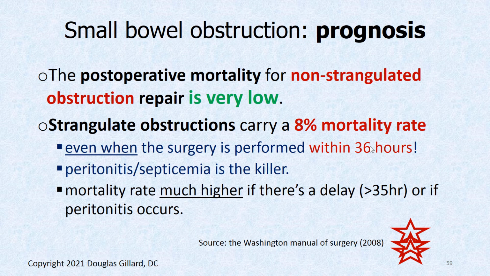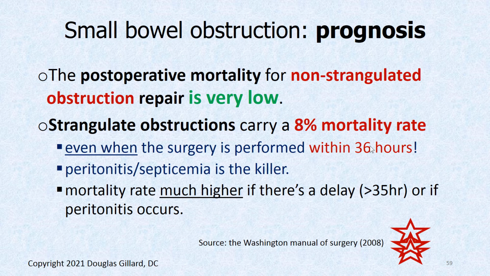What is the prognosis? It's very low. There's about an 8% mortality for strangulated obstructions, which is low, but that's still kind of high, actually, I think. But 8 out of 100 will die from that, especially if the surgery is performed outside of that 36-hour mark.